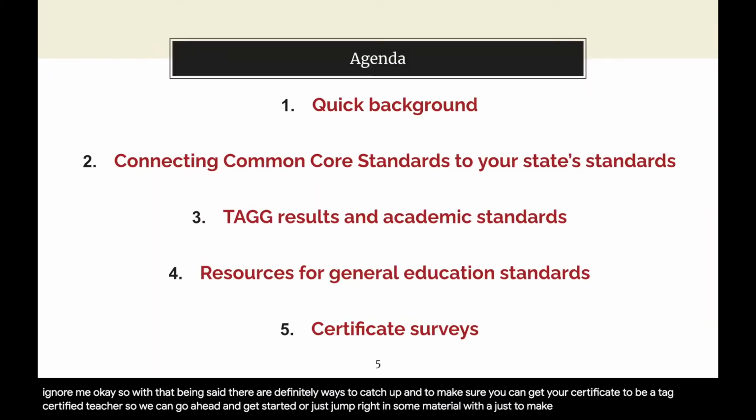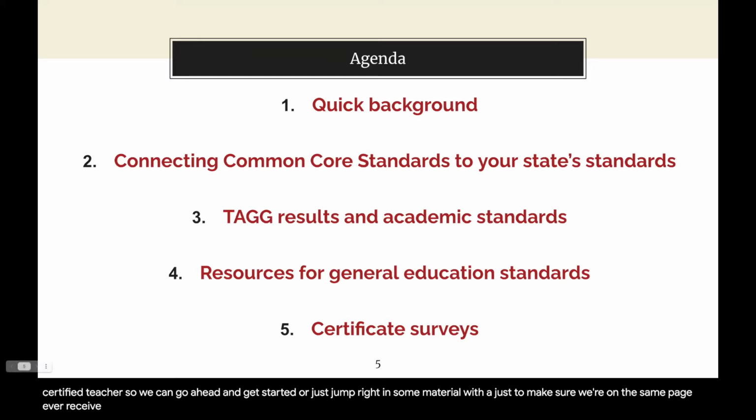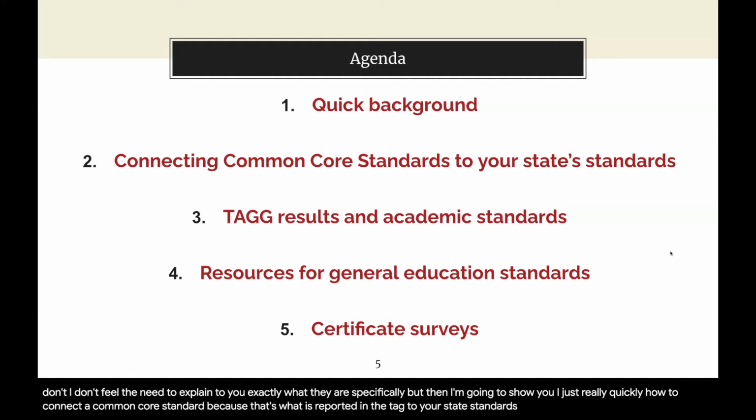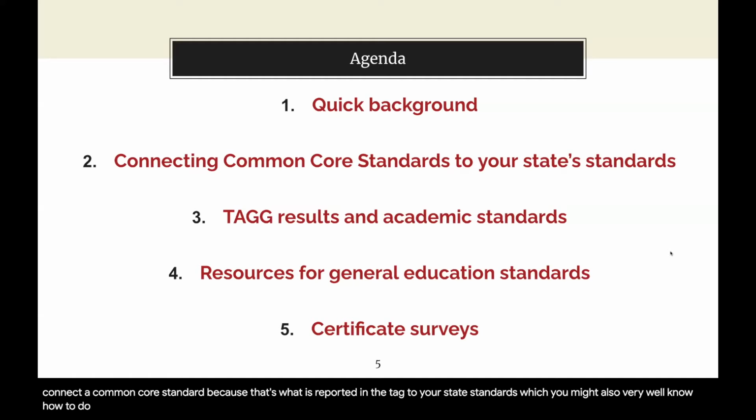Just to make sure we're on the same page, I'm going to give the quickest background information you've ever received on standards, because I recognize that you have all been teachers in the field and are familiar with standards. So I don't feel the need to explain exactly what they are. Then I'm going to show you quickly how to connect a Common Core standard, because that's what is reported in the TAGG, to your state standards, which you might also very well know how to do.